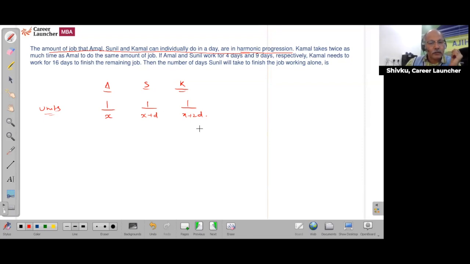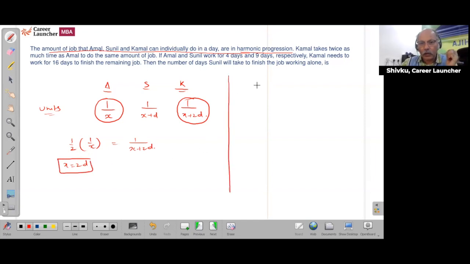So the amount that he would do has to be half of this. So half of 1 by x has to be equal to 1 by x plus 2d. So you get the value x is equal to 2d. Excellent. That kind of helps us a lot. So I'll just replace this now by saying 1 by 2d, and then you have 1 by 3d and 1 by 4d.